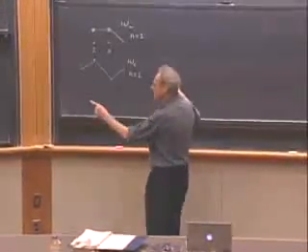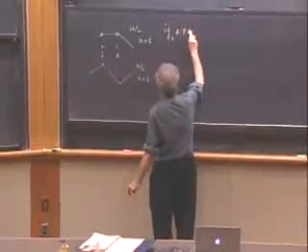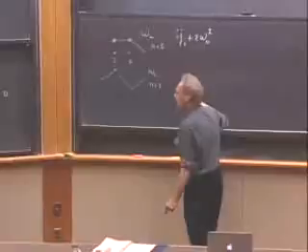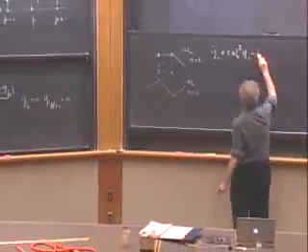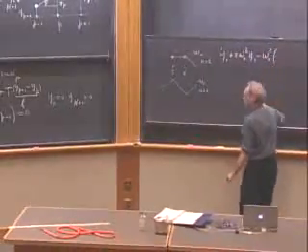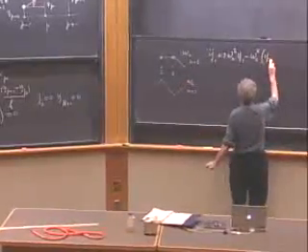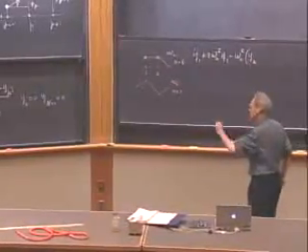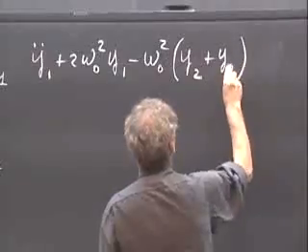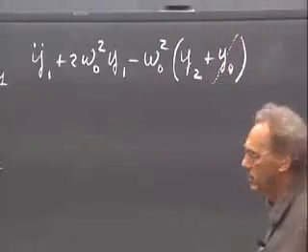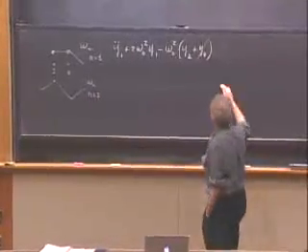So if you're ready, then we're going to get y1 double dot plus 2 omega 0 squared times y1 minus omega 0 squared times y2, that's this particle. And then we get plus y p minus 1, which is plus y0, which happens to be 0, by the way, because y0 here is 0.